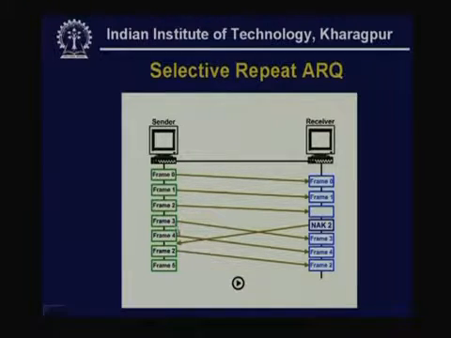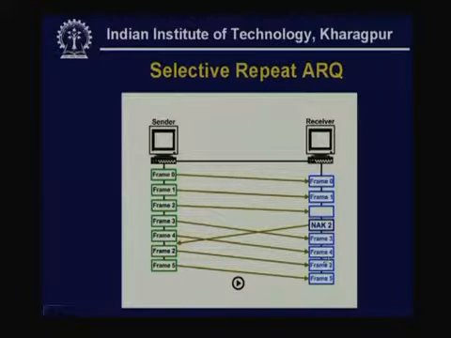So, we see in case of go back N ARQ, after 2, 3, 4 and 5 were sent, but now here we find after sending 2 it sends 5. So, retransmission of 3 and 4 is prevented by using the selective repeat ARQ technique. However, here the receiver must keep buffer so that 2 can be inserted before 3 and 4.